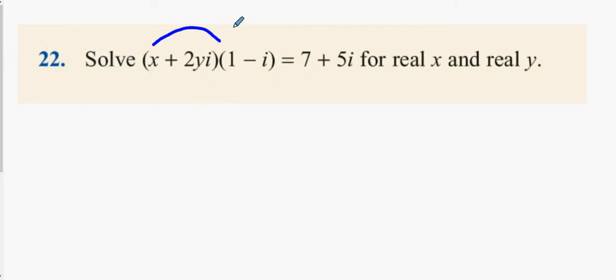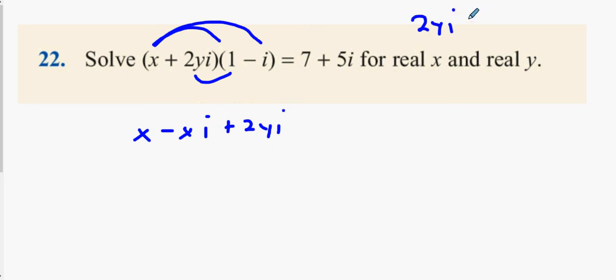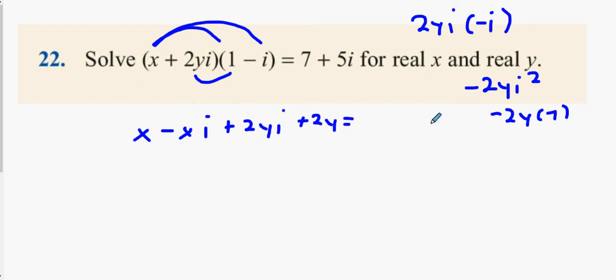Alright. x times that. x times i, minus xi. 2yi times 1, 2yi. And then 2yi times minus i is 2y times minus i squared, minus 2y times minus 1, gives 2y.